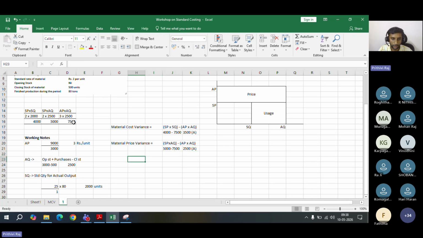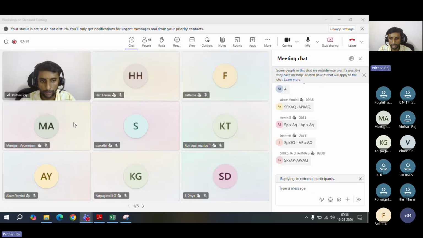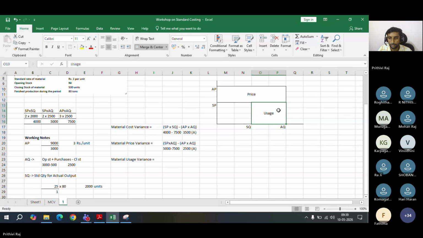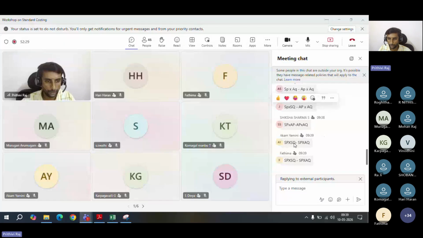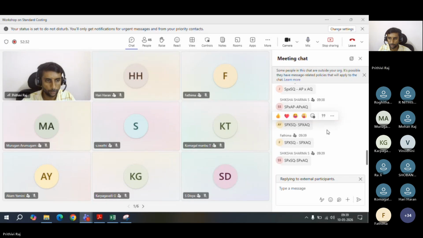Now let's go to material usage variance. What is the formula for material usage variance? Let's type it. See this box. SP into SQ minus SP into AQ. Correct.